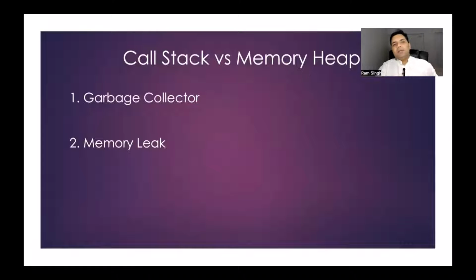Next is memory leak. I will touch on a few points to understand where there are chances that, when we write code, we leave something that leads to a memory leak.